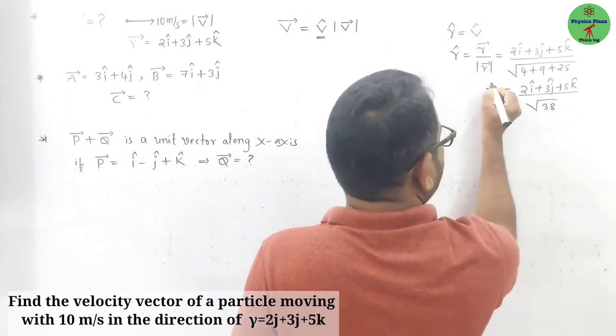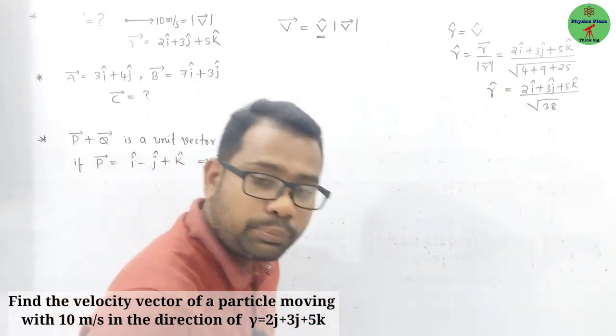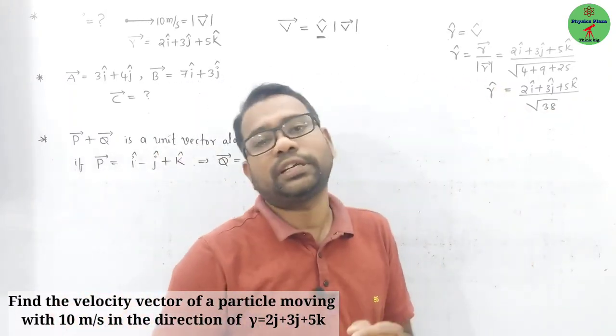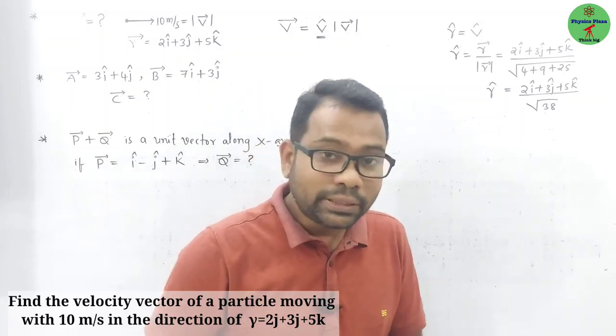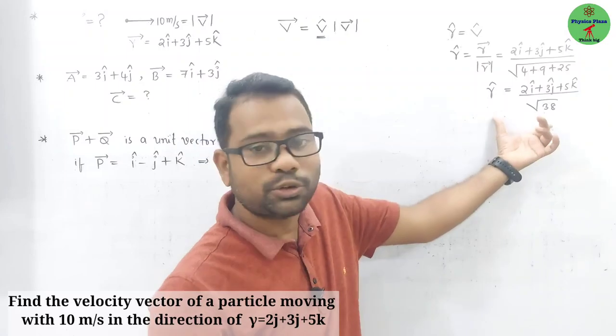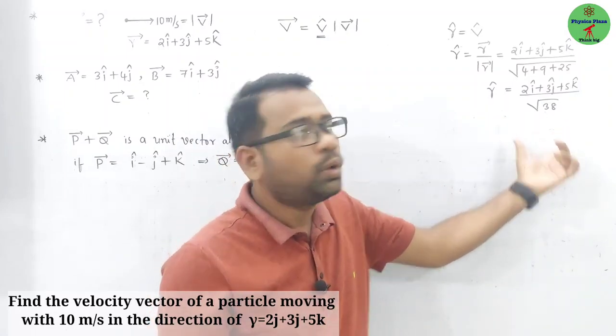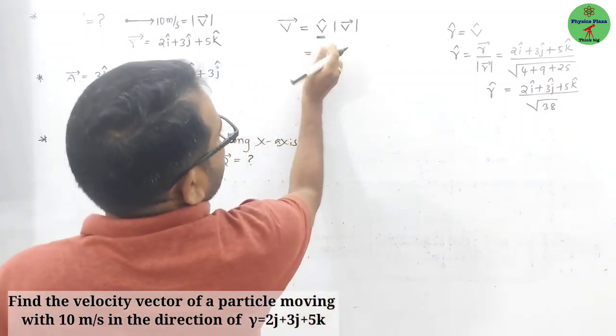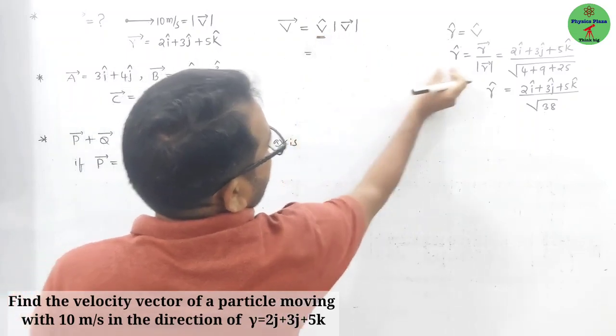So this is what actually, children, the unit vector of the position vector, the so-called displacement vector. But here they are asking us to calculate in that direction only, right? So the direction of the velocity is also in this direction only. So the unit vector will be the same. So in the place of v unit vector, you can write r cap.